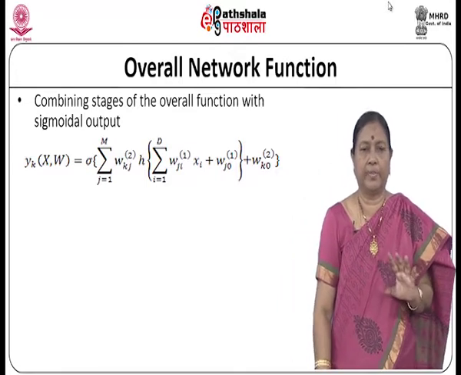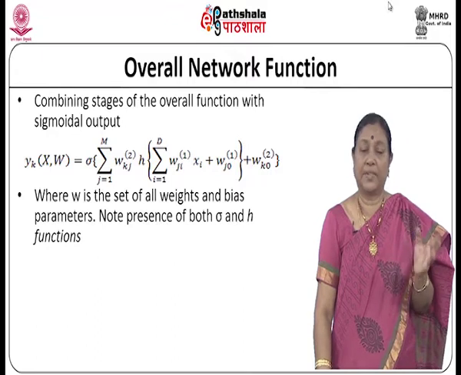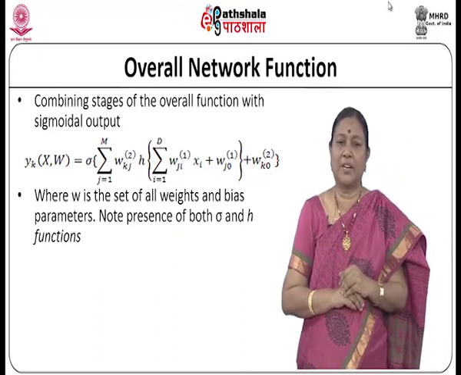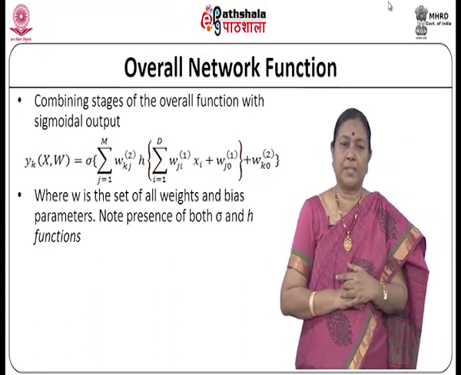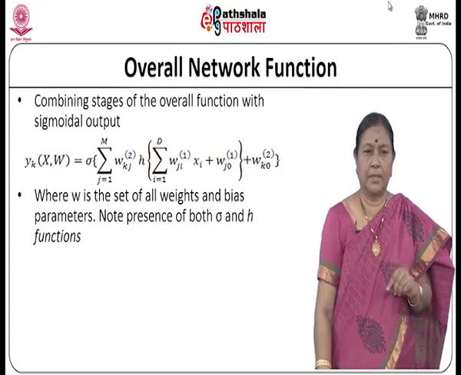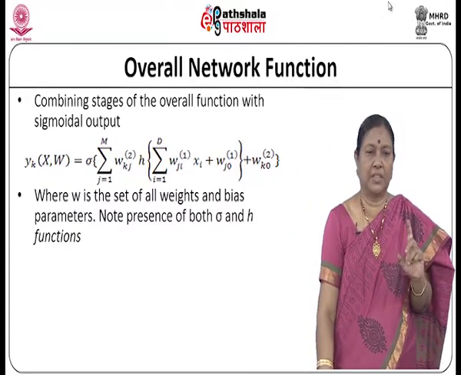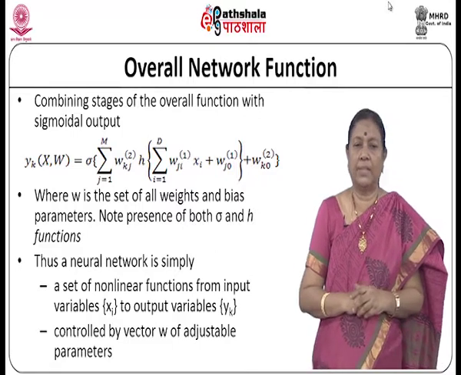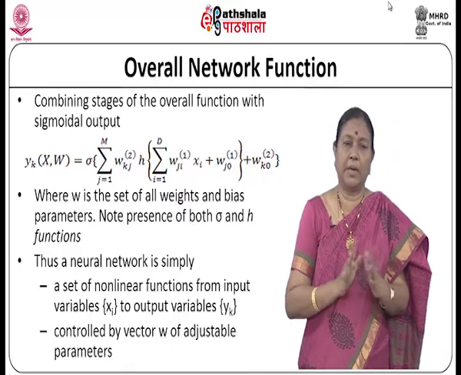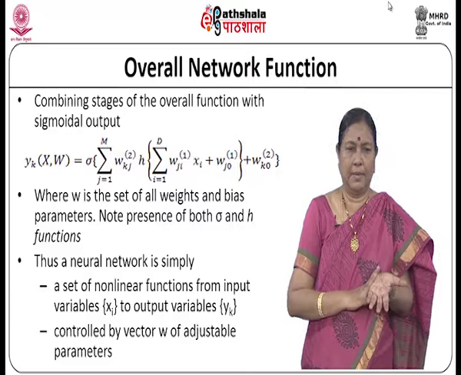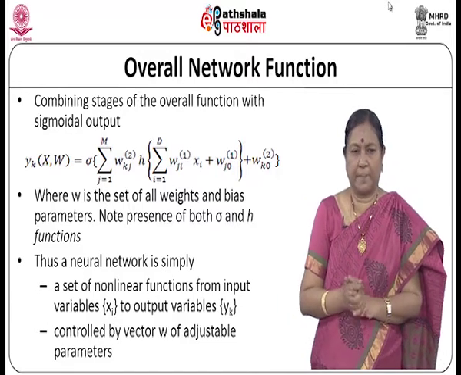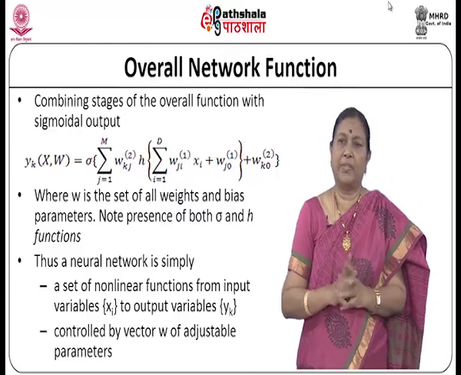I am sorry, bias, not basis function, where w is the set of weights and bias parameters. Note the presence of both sigma and h functions. There are two functions that are used. Thus, a neural network is simply a set of nonlinear functions from input variables x to the output variables y of k, controlled by a vector w of adjustable parameters.